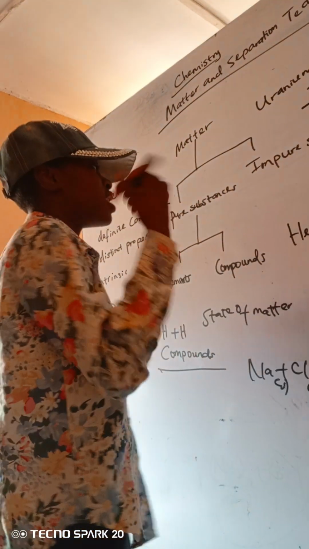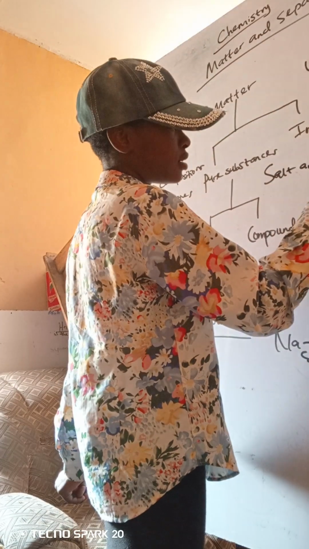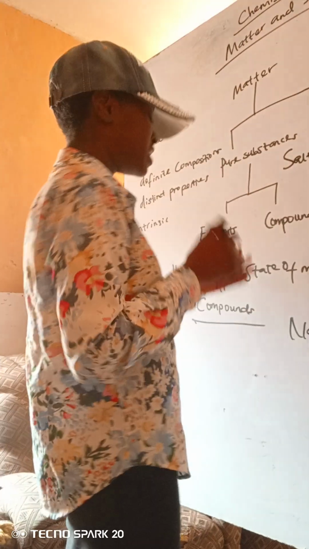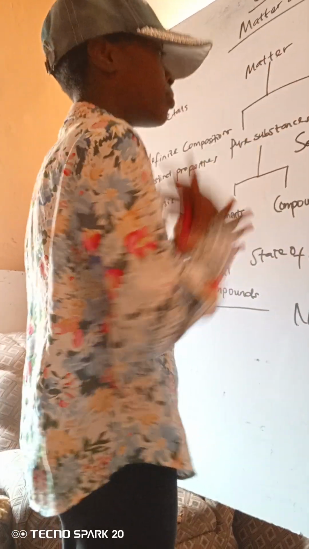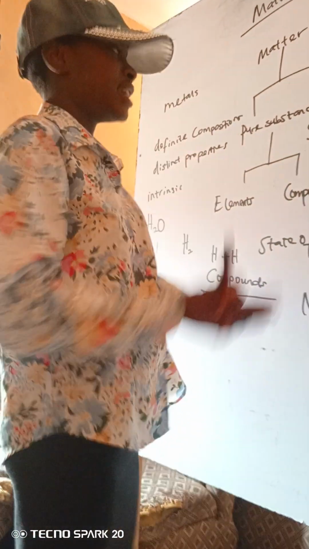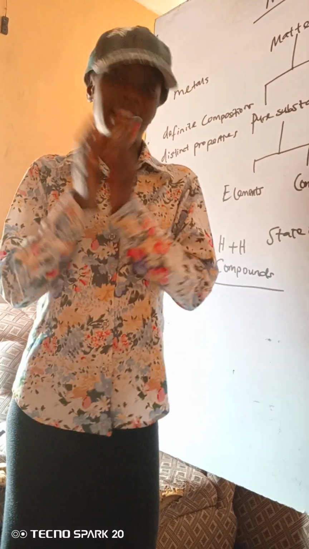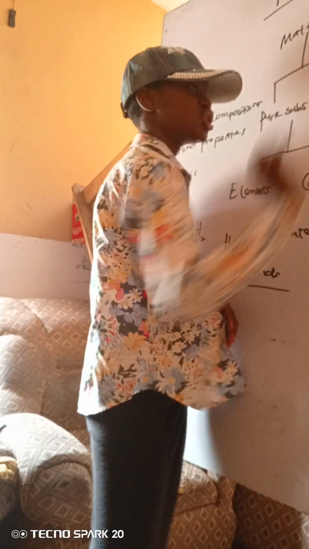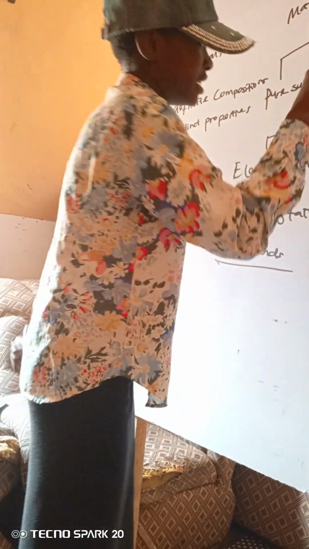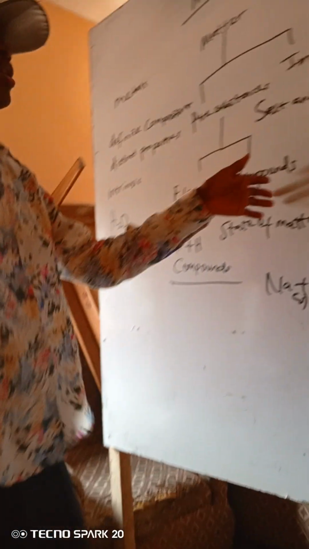For example, if we have a mixture of salt and water, salt and water combine to give us a saline solution, and we see that salt water is different from fresh water by its density. Salt water is more dense than fresh water, right? So mixtures have properties from the sum total of the individual constituents they are made up of. So that's the difference between compounds and mixtures.